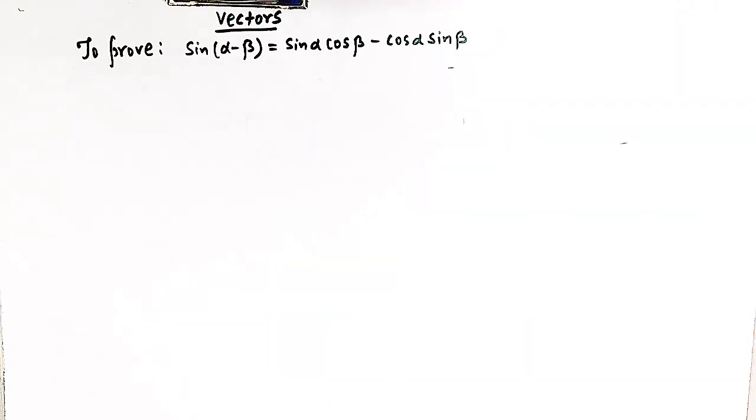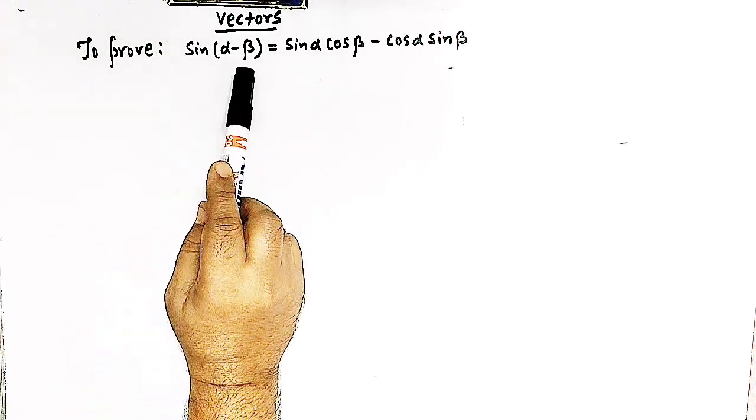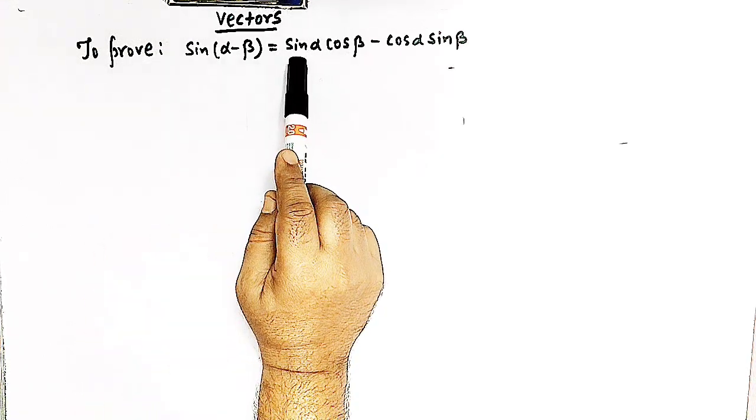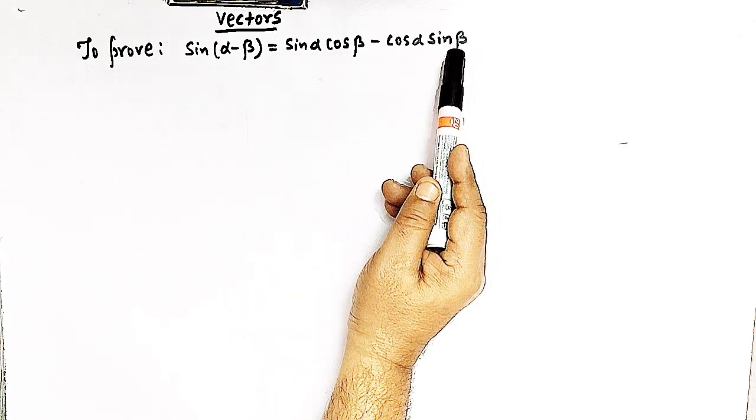Hello viewers, in today's session we are going to discuss another important application of vectors, and in this session we are going to prove an important result from trigonometry, that is sine of alpha minus beta is equal to sine alpha cosine beta minus cosine alpha sine beta.